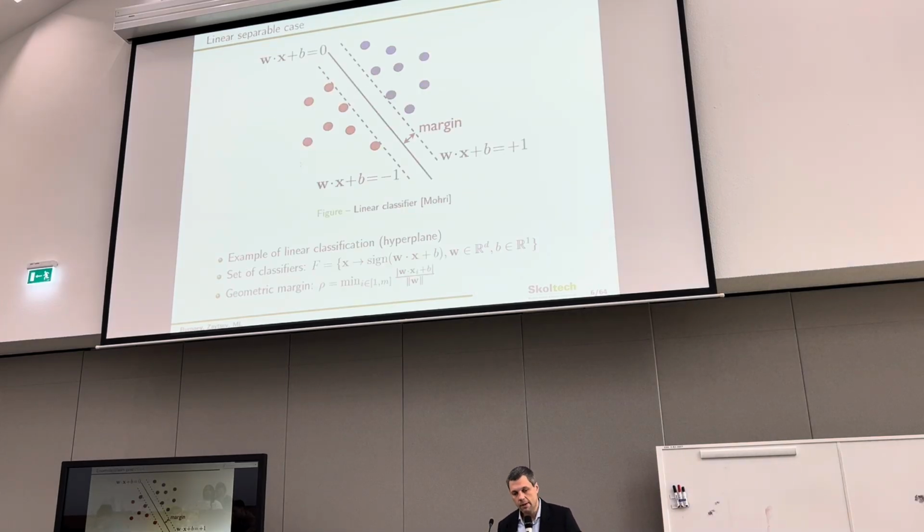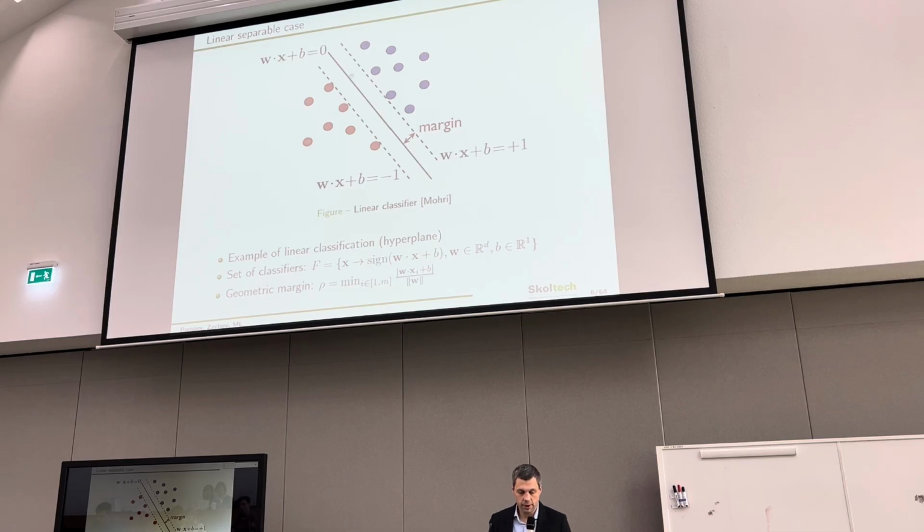First of all, the simplest case of binary classification is so-called linear classification. We'll talk about a linearly separable case. This means the following. These red and blue dots here are our observations. The abscissa is the value of the first feature, the ordinate is the value of the second feature. Each dot is an observation.